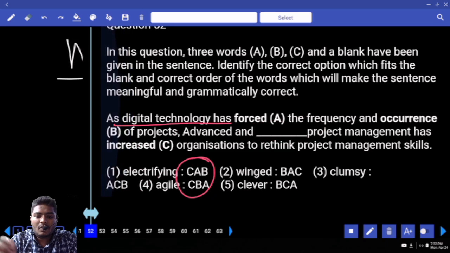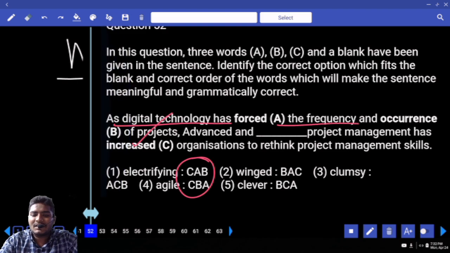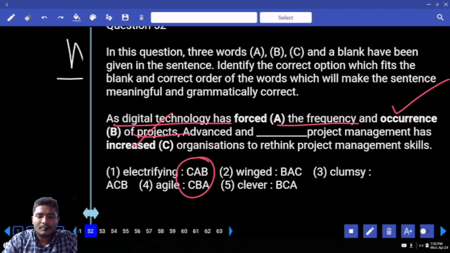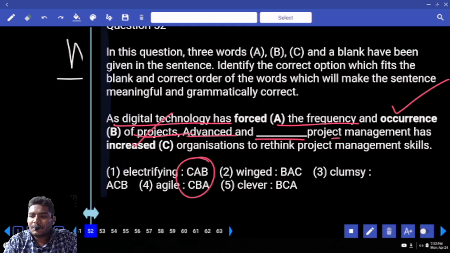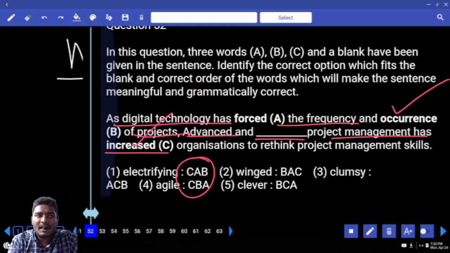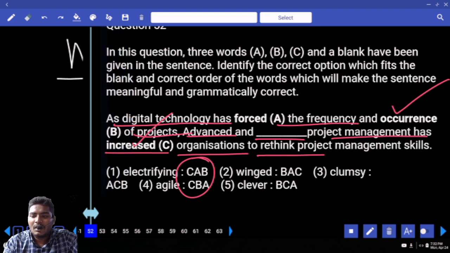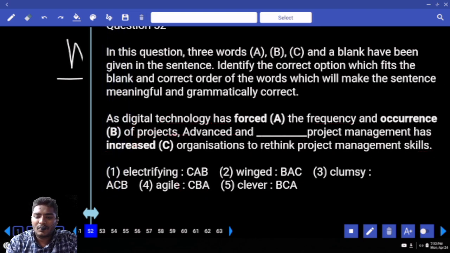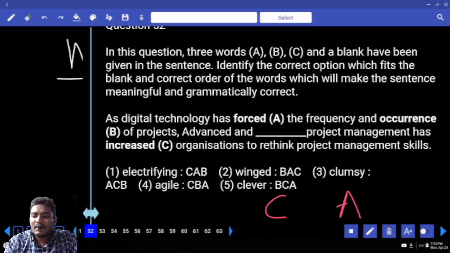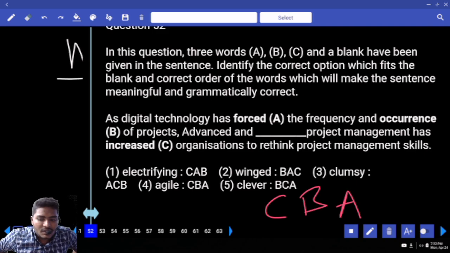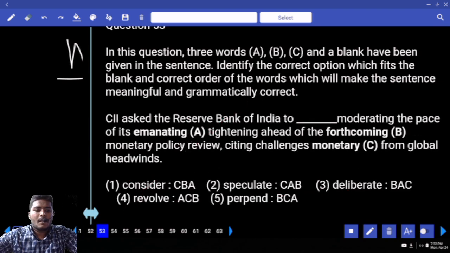As digital technology has increased the frequency and occurrence of the projects, advanced project management has forced the organizations to rethink project management skills. So you just need to swap A with C and the remaining B is as it is. So where is that CBA? Fourth one.